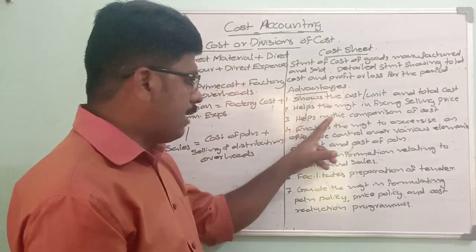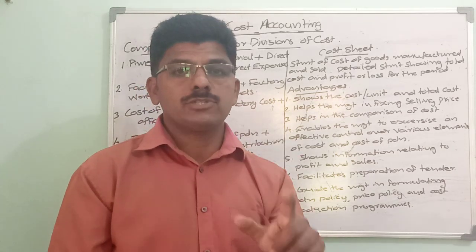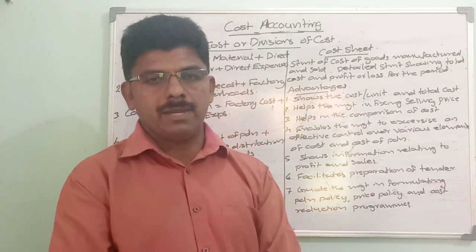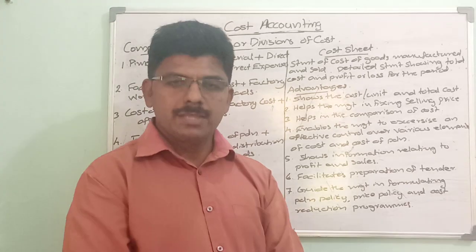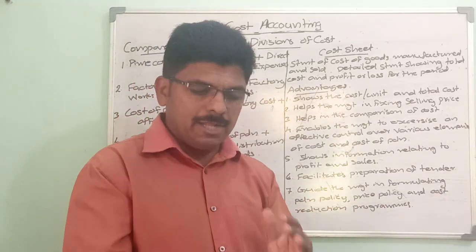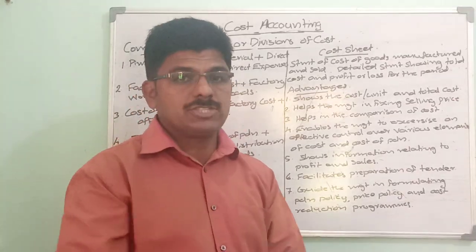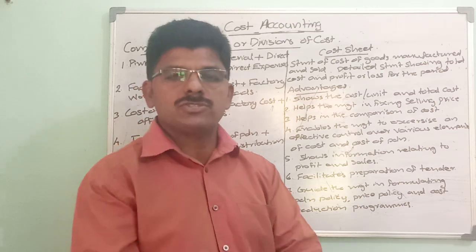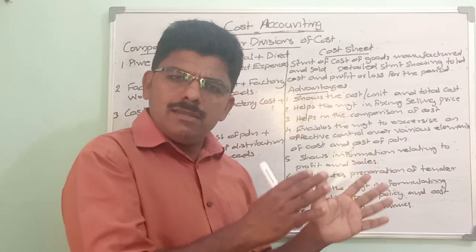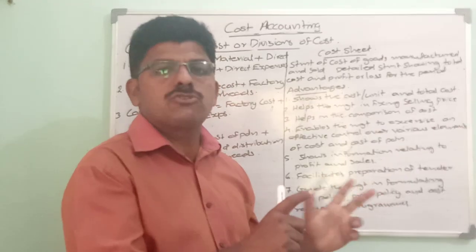Number 3, it helps in the comparison of cost. Comparison of cost is possible when a cost sheet is prepared. That means previous year's cost sheet can be taken as a basis, and on that basis an estimated cost sheet or current year's cost sheet can be prepared. So we can see the difference in these two cost sheets.